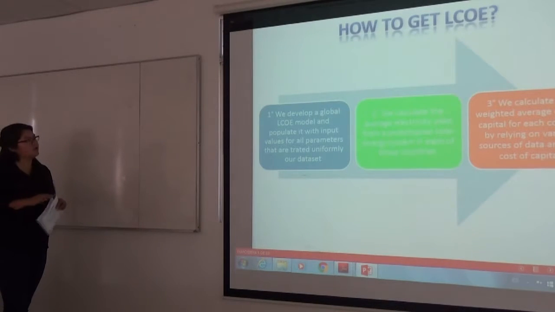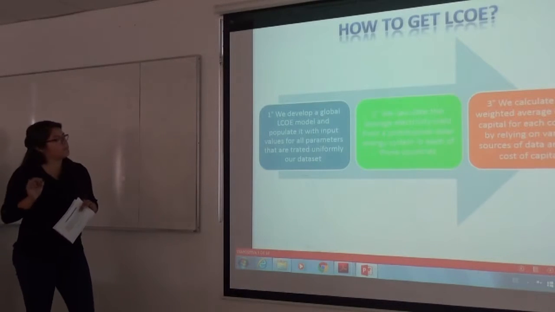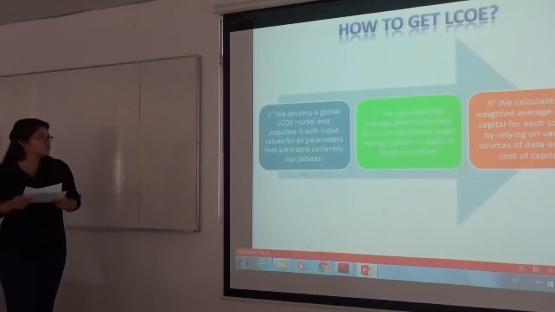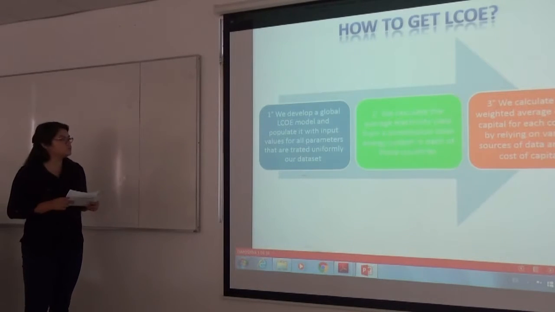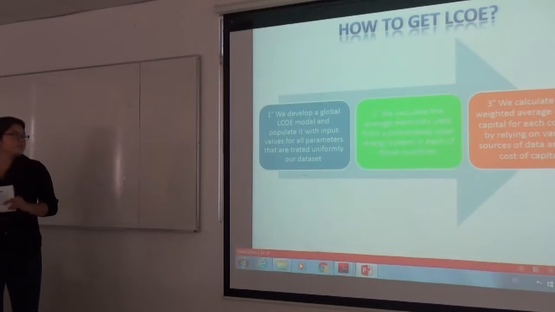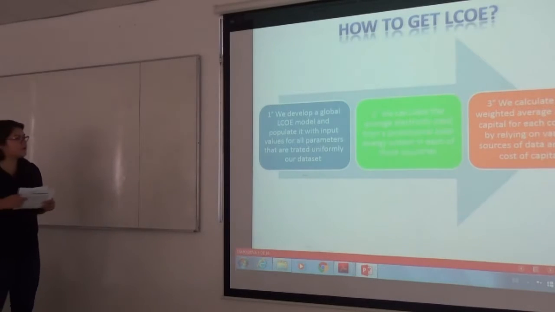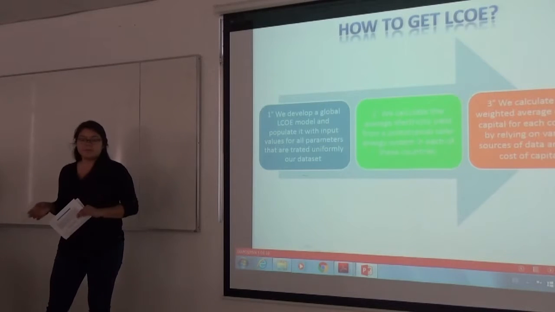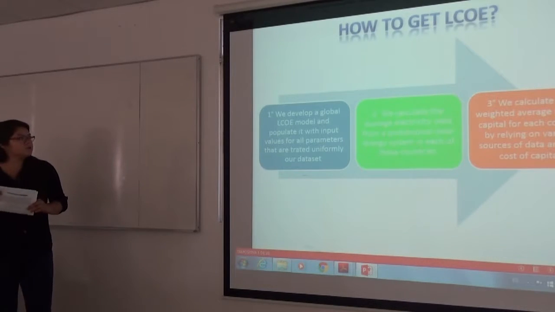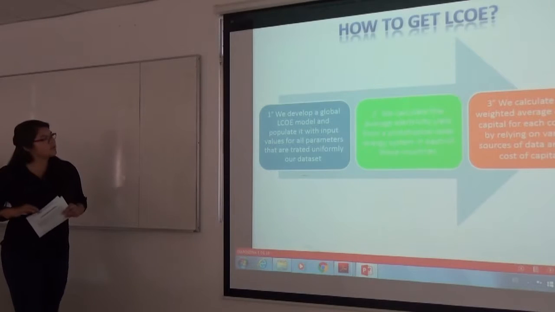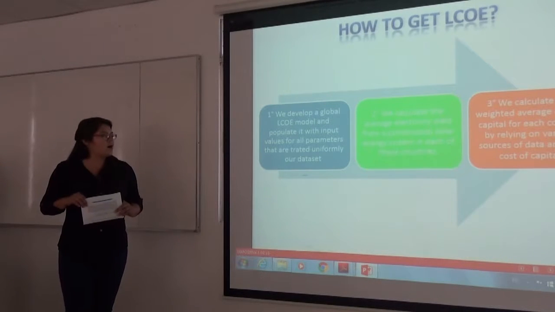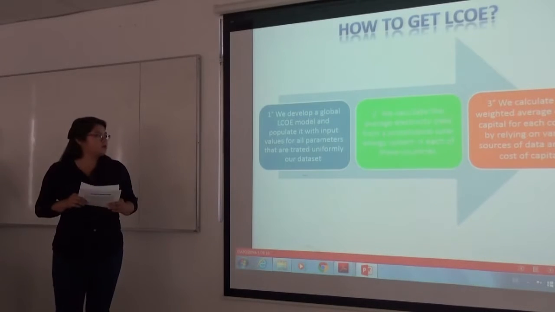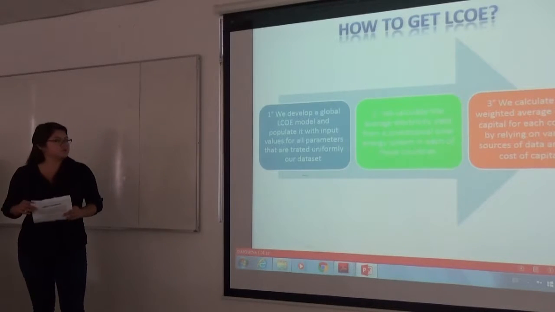There are 3 steps. The first step, we develop a global LCOE model and populate it with input values for our parameters that are treated uniformly across our dataset. In the second step, we calculate the average electricity yield from a prototypical solar energy system in each of these countries.